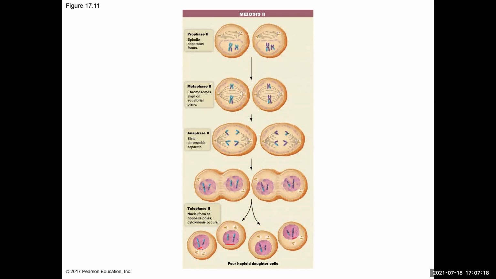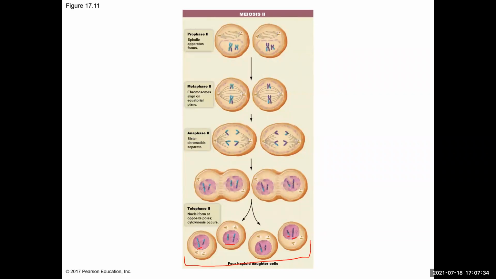And then this one is maternal, and then this one is the maternal with the paternal crossed over. And so none of these cells are genetically identical. Okay, they're very different genetically from the parent cell.